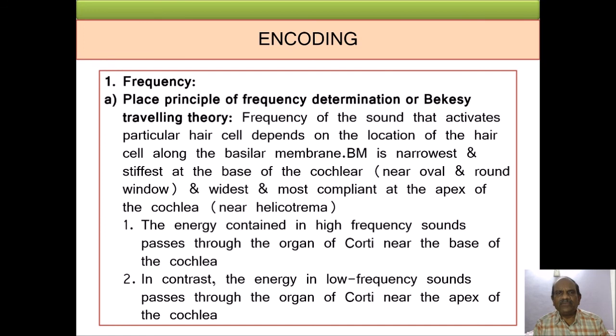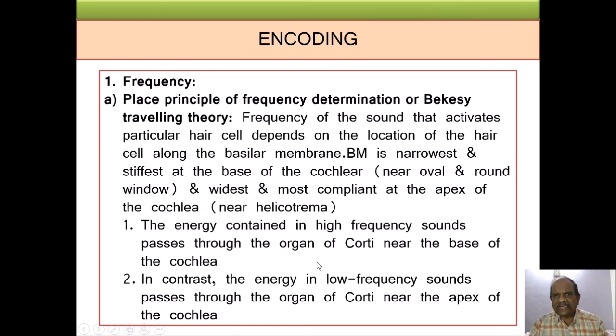Finally, I would like to summarize it. The frequency of the sound that activates particular hair cells depends on the location of the hair cells along the basilar membrane. The basilar membrane is narrowest and stiffest at the base of the cochlea, near the oval and round windows, and widest and most flexible at the apex of the cochlea, near the helicotrema.